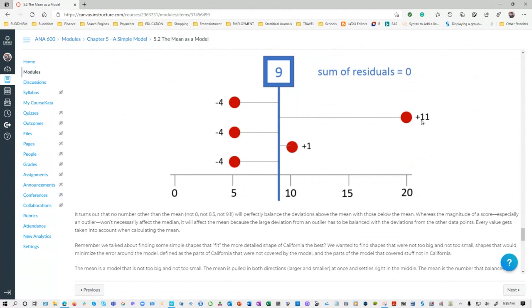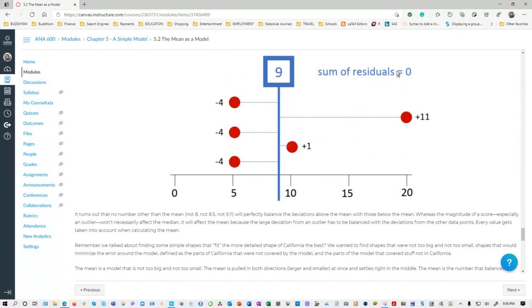The mean is not going to balance the data values. The mean is going to balance the deviations, or the errors. On this side you have negative 12, and on this side you have positive 12.